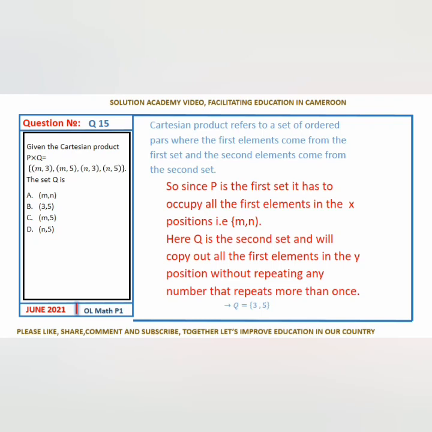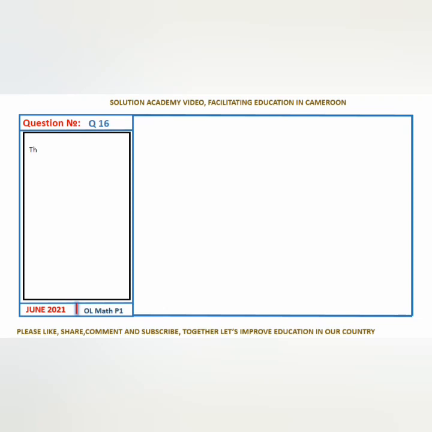So in general, we have our set Q to be 3, 5. I hope it is well understood. So to this effect, our answer is B. Question number 16. It says the functions f and g are defined on R, the set of real numbers.